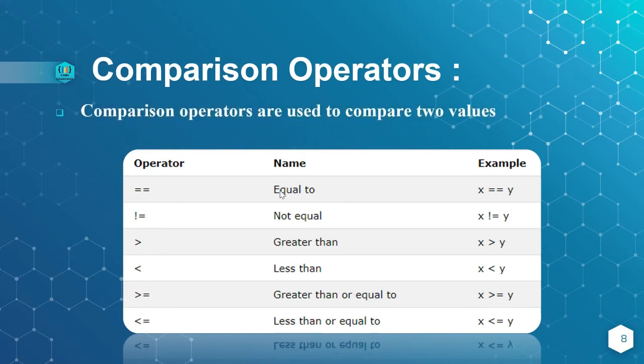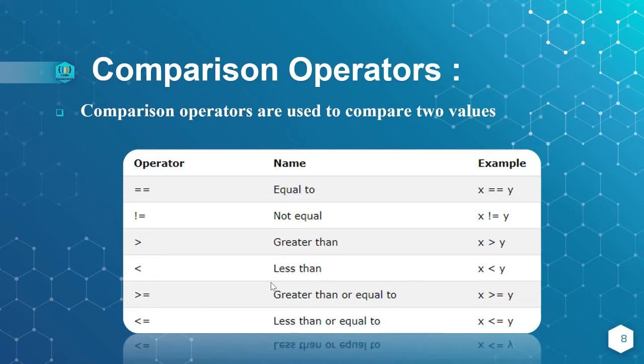Comparison operators are used to compare two values, like double equal to, that means equal to, not equal to, then greater than sign, less than sign, greater than or equal to, less than or equal to.